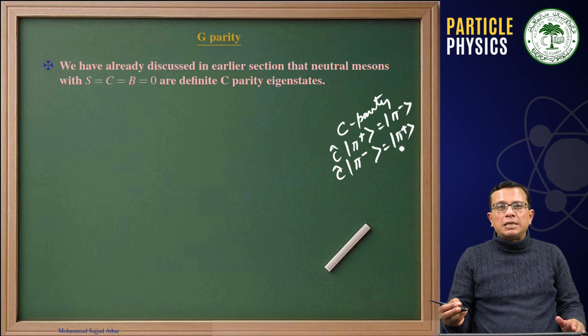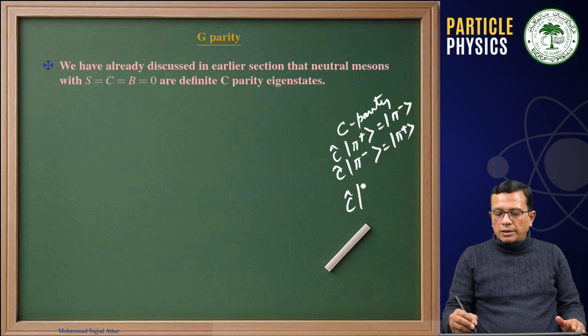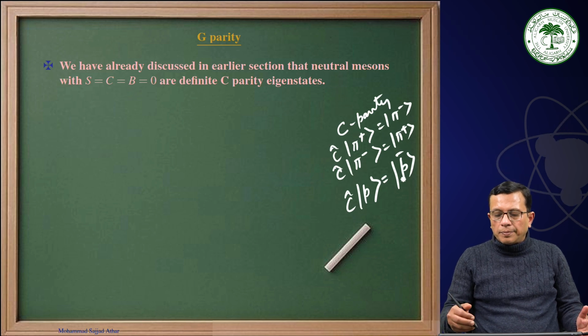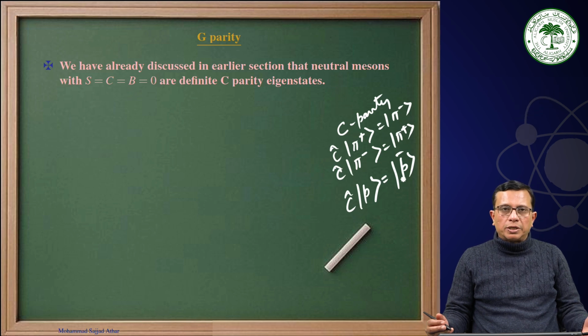And we have also seen that when C operates on a proton we get an antiproton. Therefore these were the cases where these states are not good eigenstates for the charge conjugation operation.